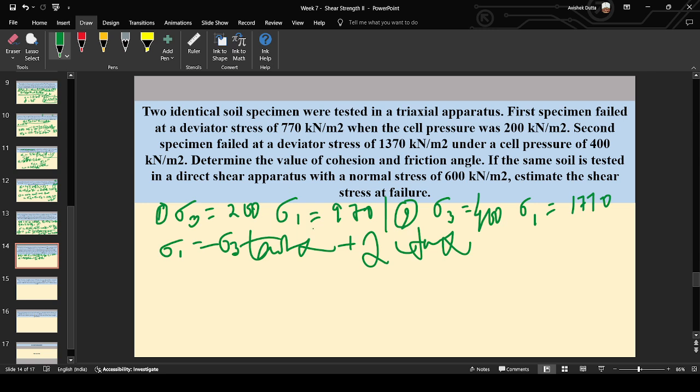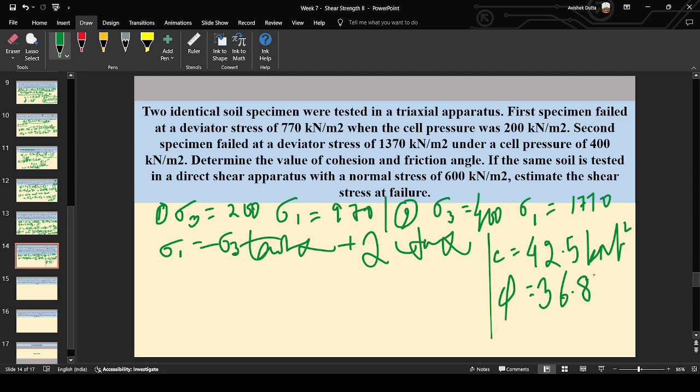Solving the simultaneous linear equations, we obtain c as 42.5 kilonewton per meter square, and phi, from alpha equals 45 plus phi by 2, approximately 36.87 degrees.